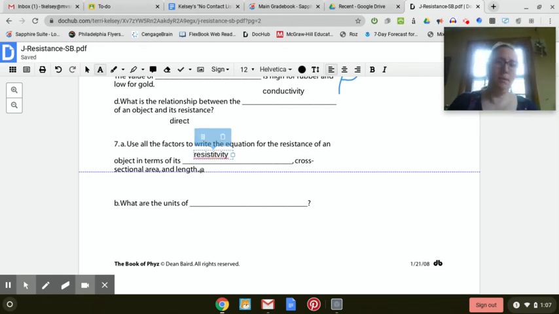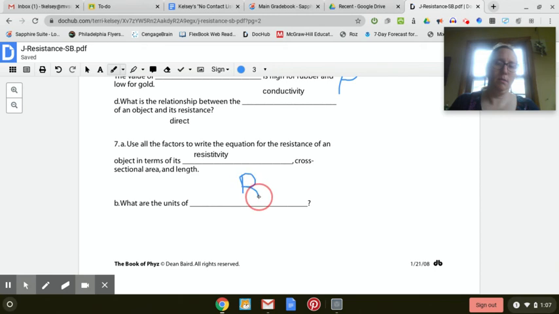And it would be resistance is equal to rho, times length over area. Okay, so there is your derivation of the resistance formula.